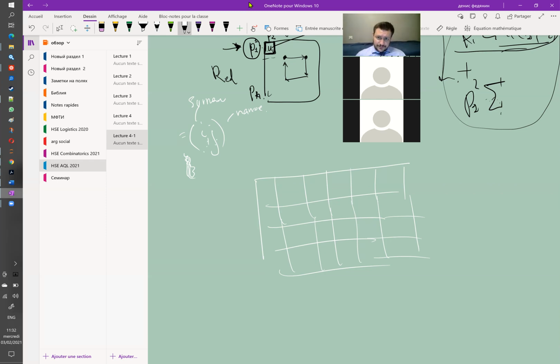We have two numbers, or even not numbers, they could be objects, and we can imagine that one player or agent can observe only the first one, and the second can observe only the second one.